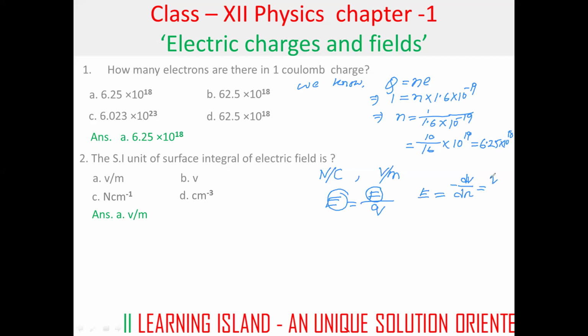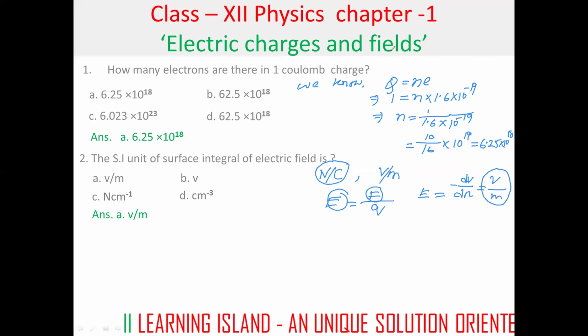Means dV is volt and dr is meter. That's why the unit is volt per meter or Newton per coulomb. I hope this is clear to you. I will explain the answers because it will help you to get the basic ideas.